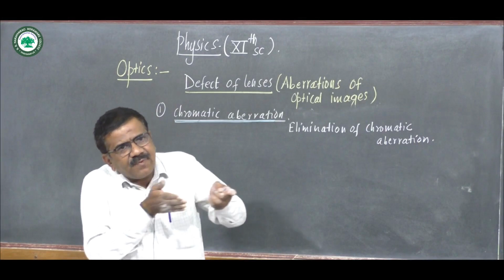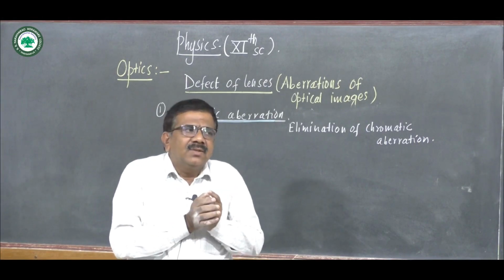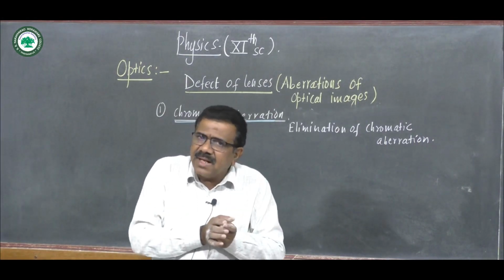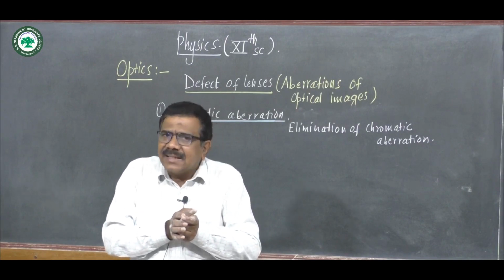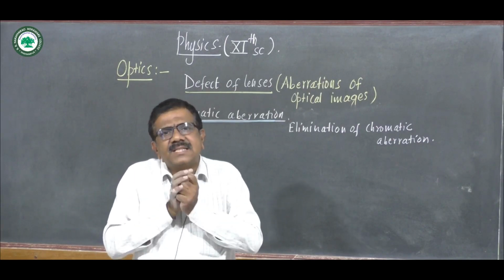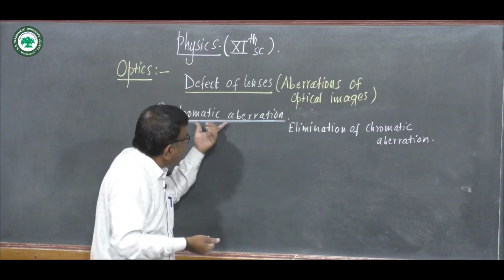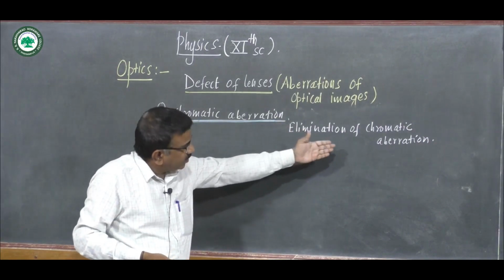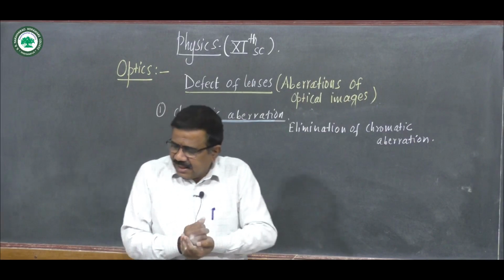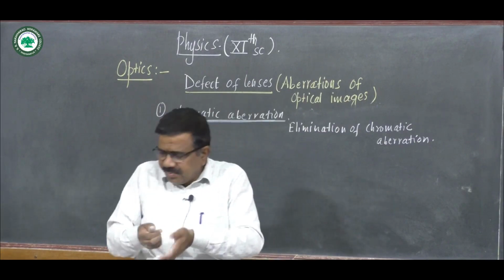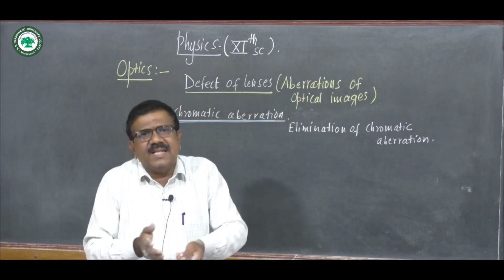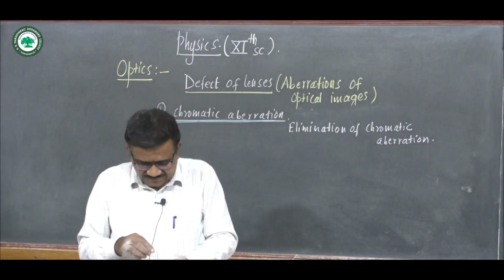If white light is passed, violet and red are the extreme colors, and the other 5 colors are in between these 2 extremes. So chromatic aberration is eliminated for the extreme colors, which automatically reduces it for other colors.